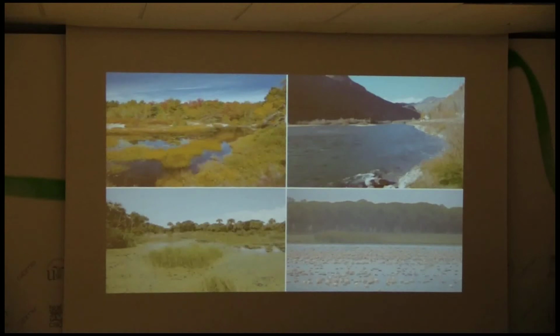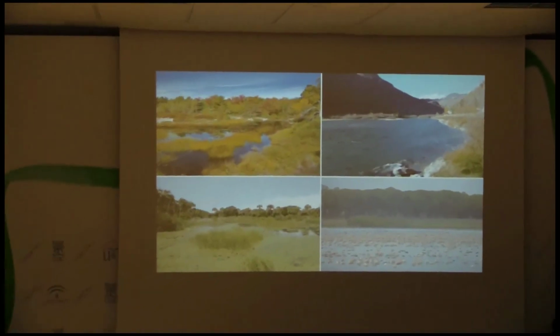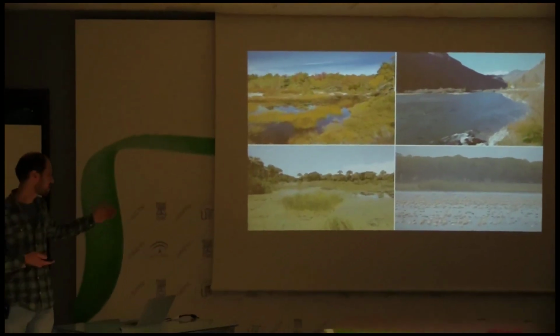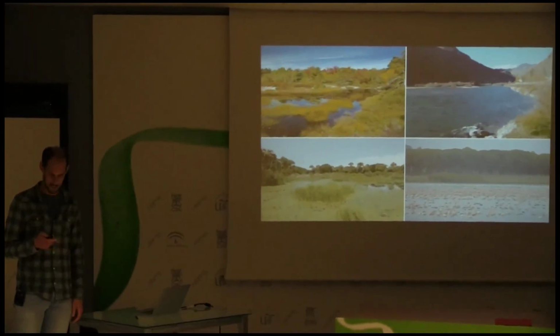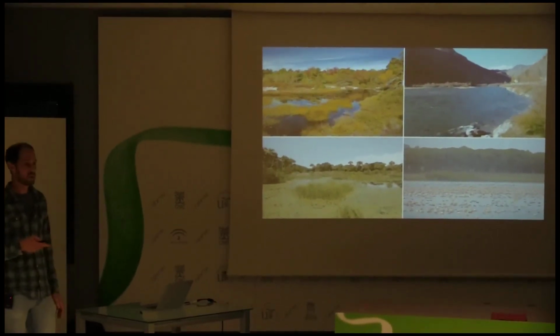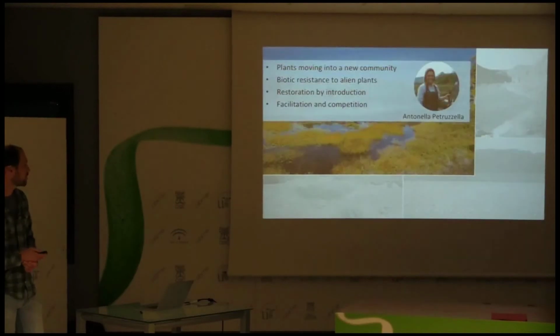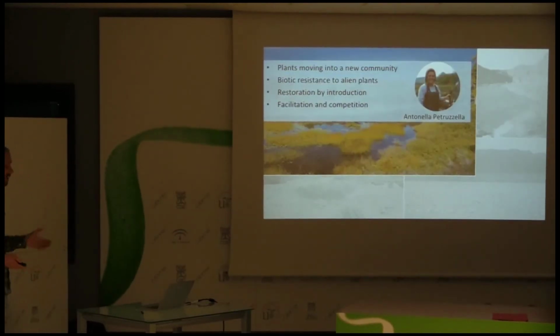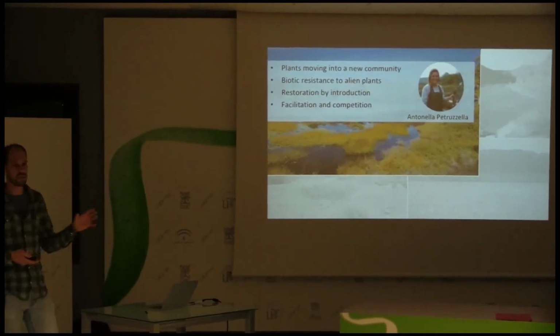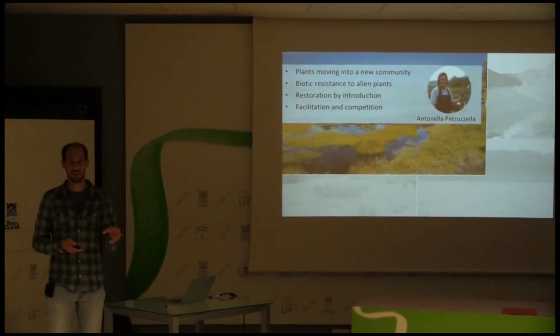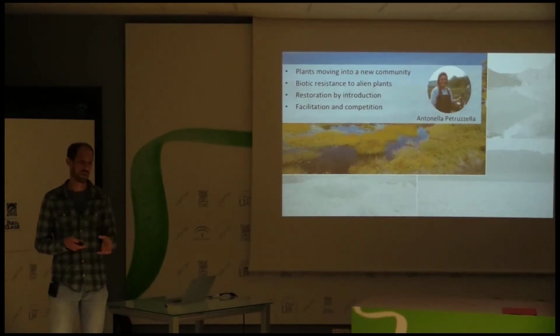I study this in aquatic freshwater ecosystems, ranging from fens to rivers to ponds and lakes. And basically the 4 components that you can divide my work into is, one of the things is studying what happens if a species arrives into a new community, for instance a plant community.